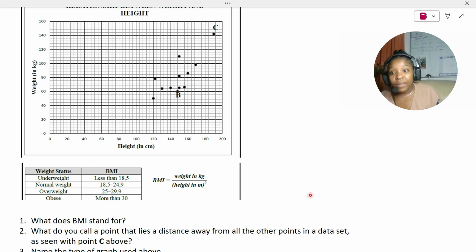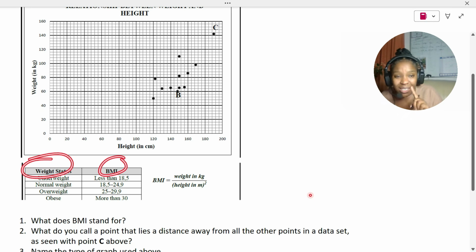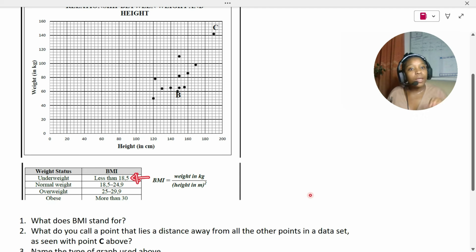We're also given here the weight status and the BMI. What does this mean? If you are underweight, you have a BMI that is less than 18.5. So you take your weight divided by your height all squared, and if you get a value less than 18.5, you are underweight.